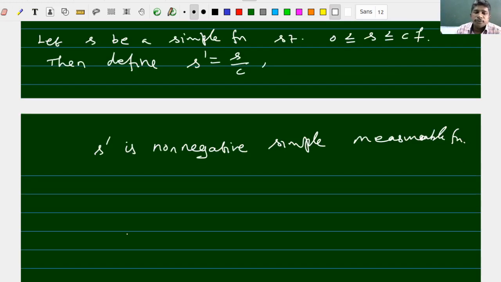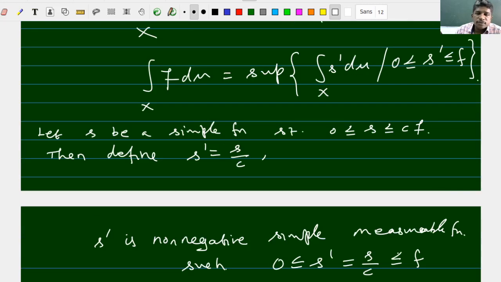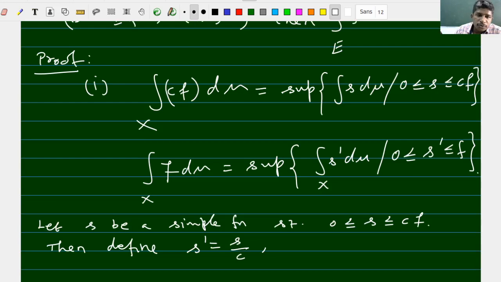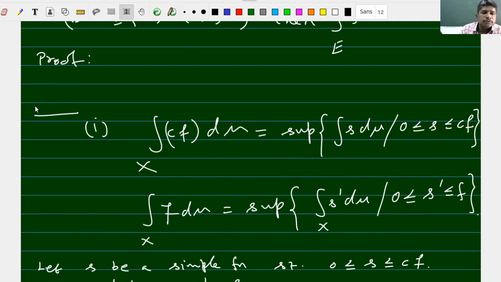What about the range of s dash? It is non-negative, and equal to s by c. But s is less than or equal to cf, so this is less than or equal to cf by c. This is for the discussion with c non-zero. So here I am going to write the case c equal to 0 separately.